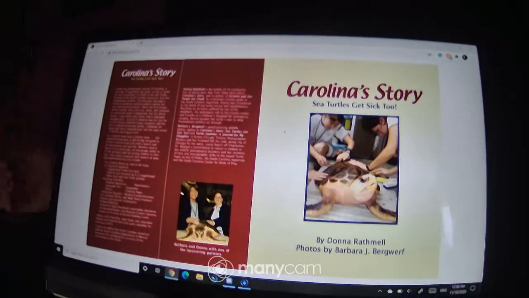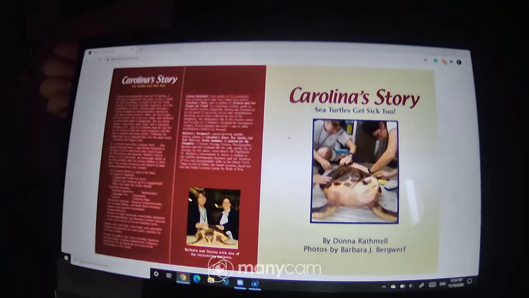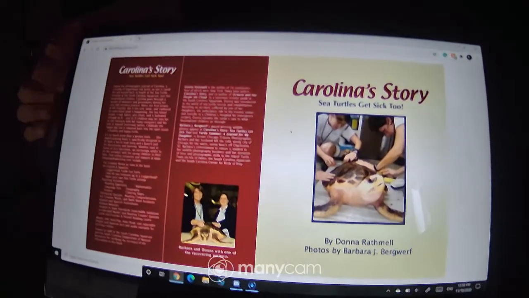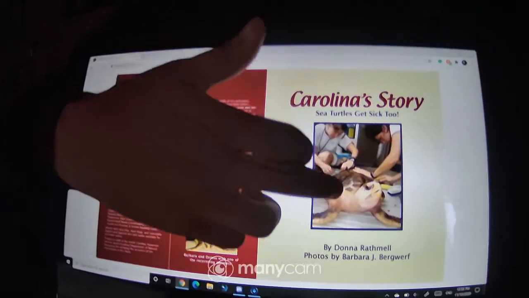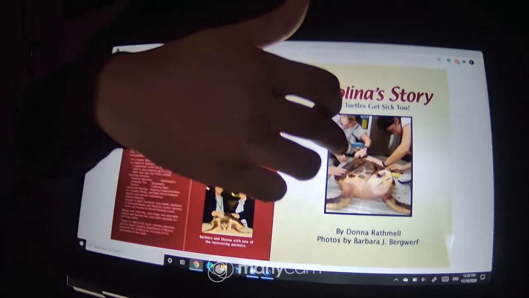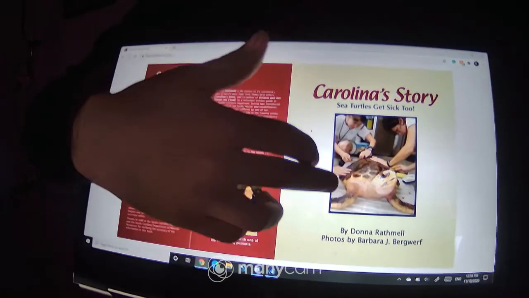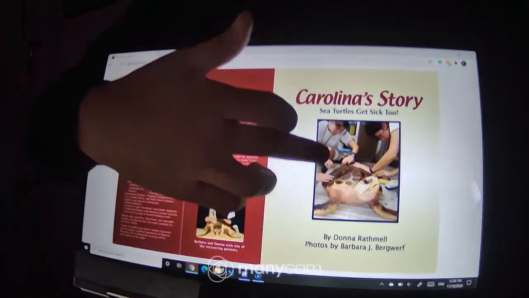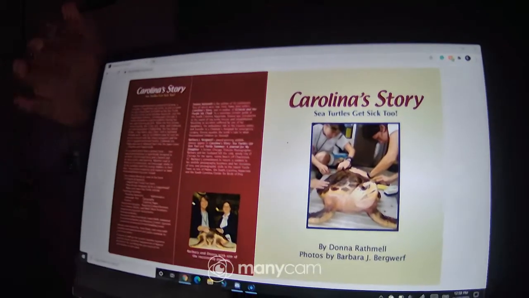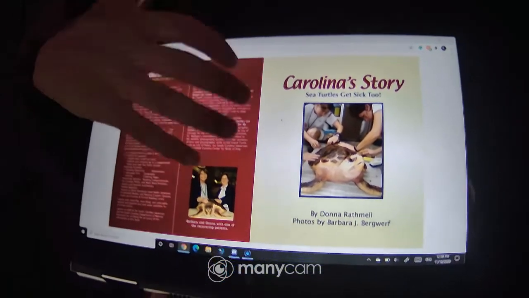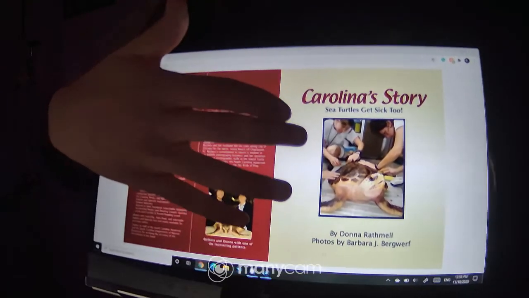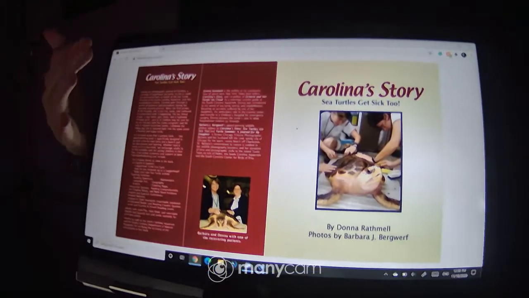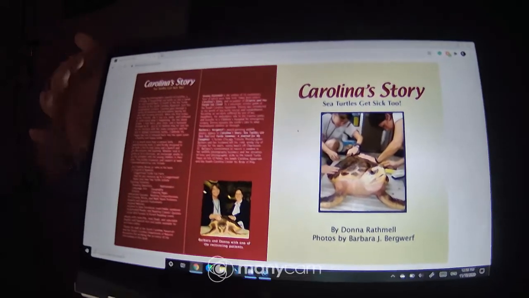We don't know the sickness yet or why she's sick, but we for sure know that something is wrong with her. Along with that, in the image of the cover page, we are able to see a turtle and two people that are trying to help her. We can infer that they are trying to give her some medicine, or even just trying to get the sickness out of her.